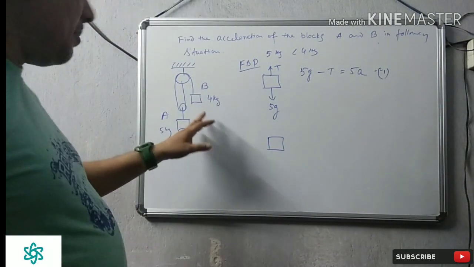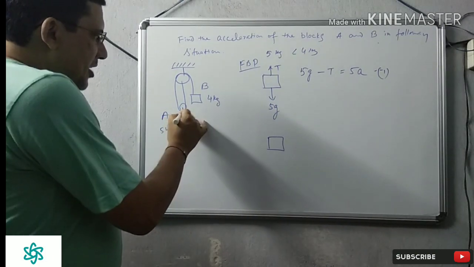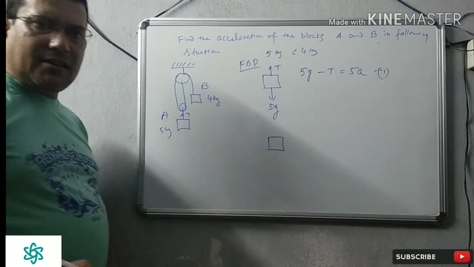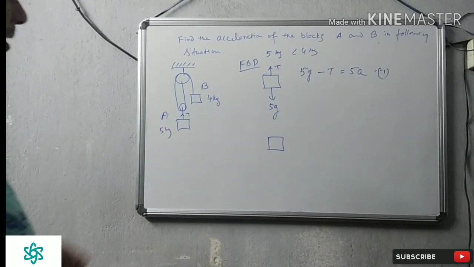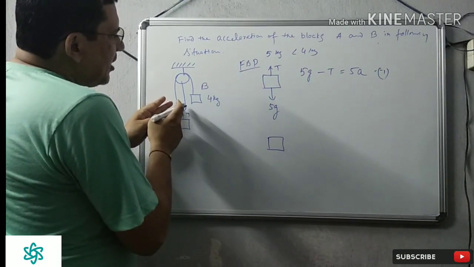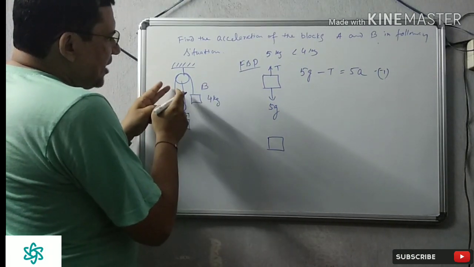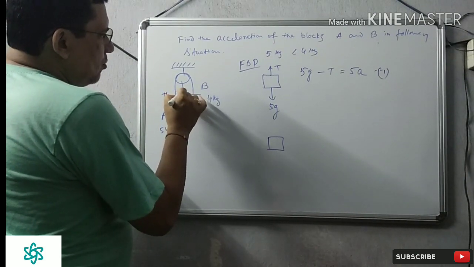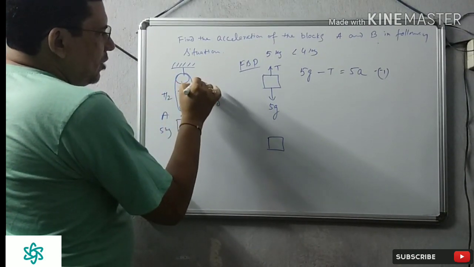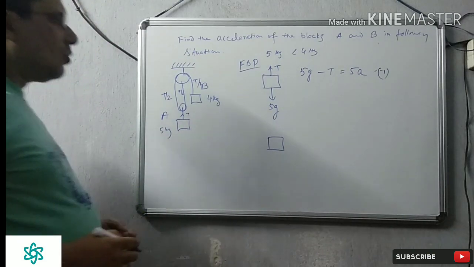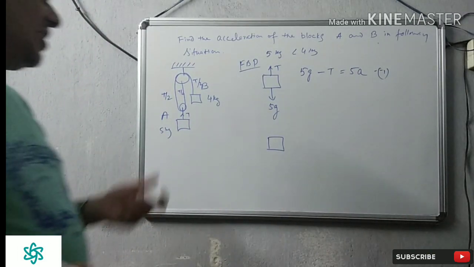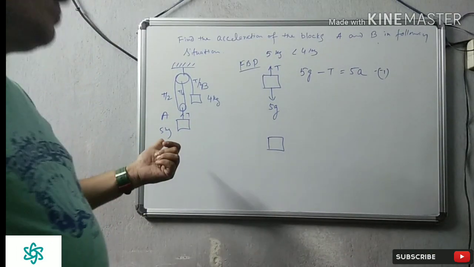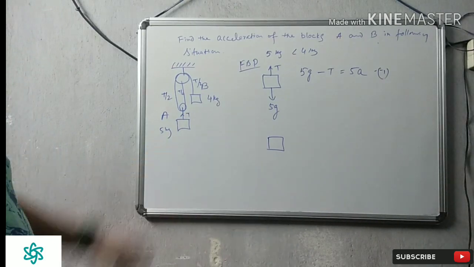Now free body diagram of block B. Here one thing you have to remember: the tension T is acting in the upward direction, but the tension is divided into 2 segments, T by 2 and T by 2. So on the 4 kg block, the tension is half the tension of the 5 kg.